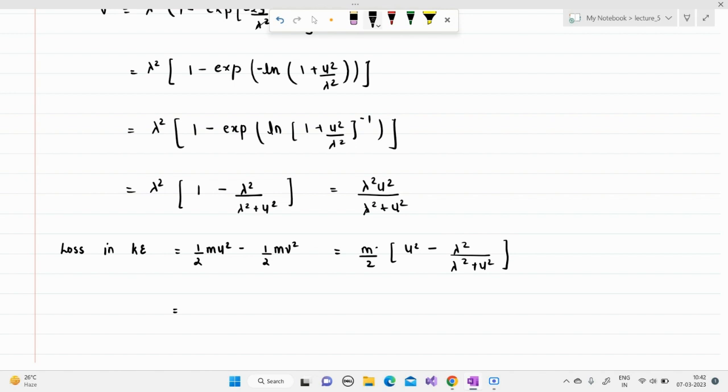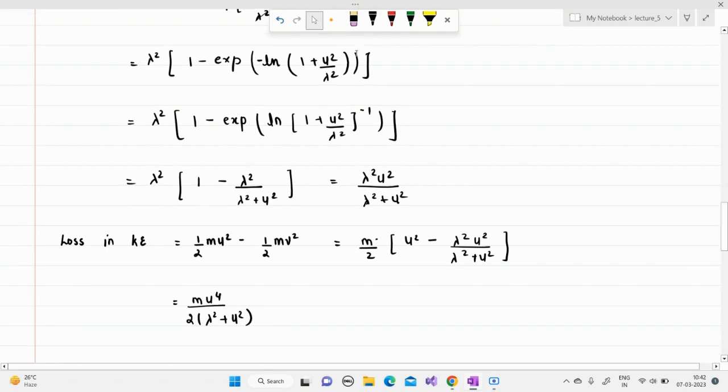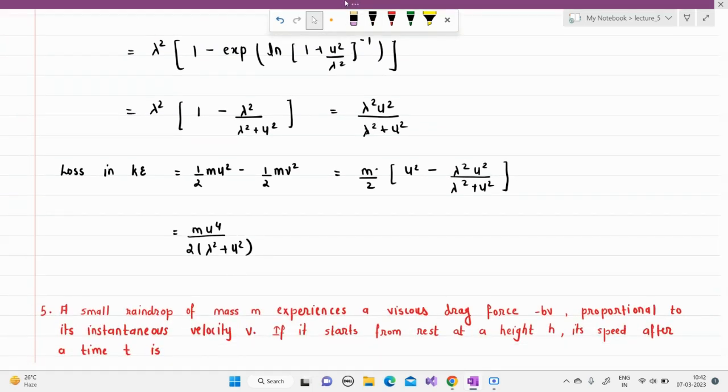So finally, if I multiply this and find, the final answer I'll get is m u to the power 4 upon 2 times lambda square plus u square. So that is our final answer, the loss in kinetic energy.